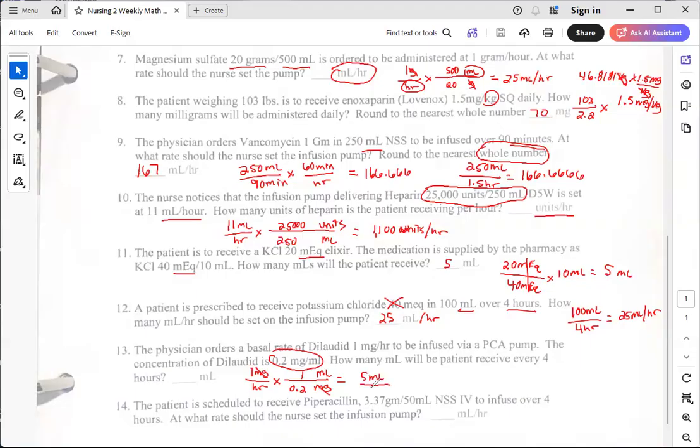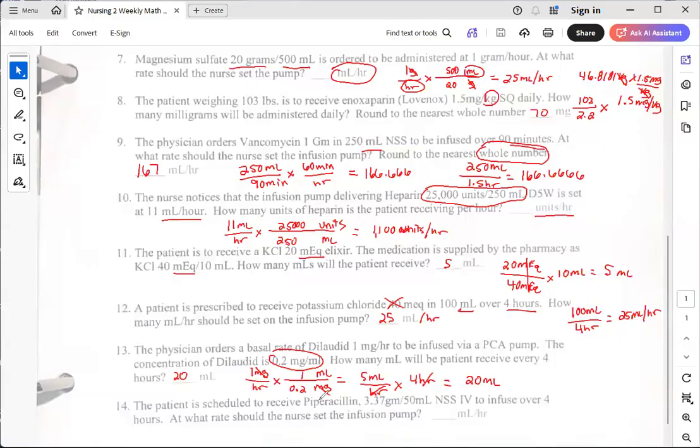I'll just say 5 milliliters per hour, and I will go ahead and multiply by the 4 hours. And I do believe the answer they're looking for here is 20 milliliters. They want to know that the patient's going to receive 20 milliliters of this in 4 hours because they're getting 5 milliliters per hour.